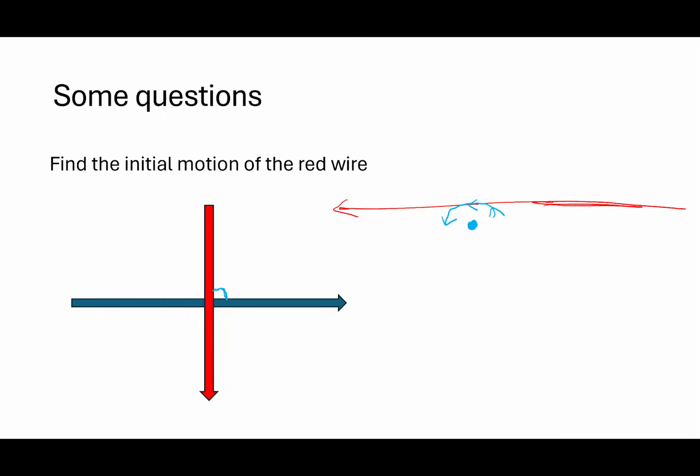So I'll draw another ring out here. What can you notice about the magnetic field and the red wire, and the magnetic field on either side of the blue wire?